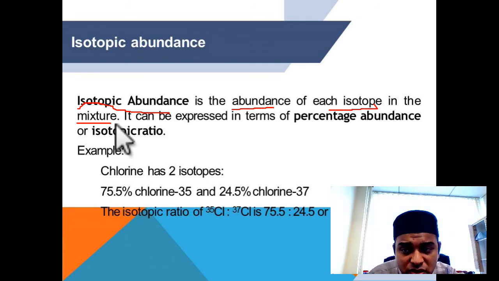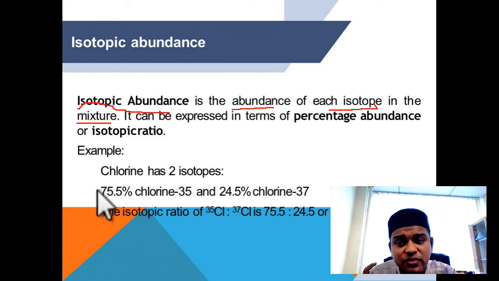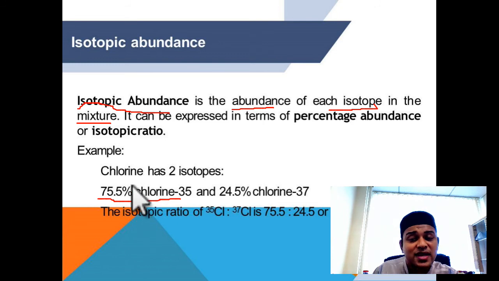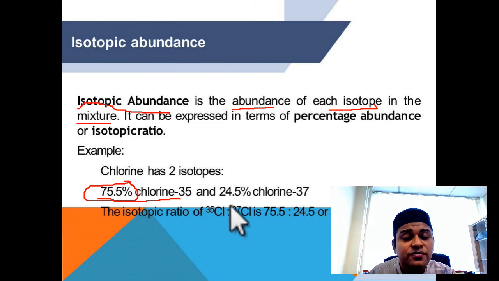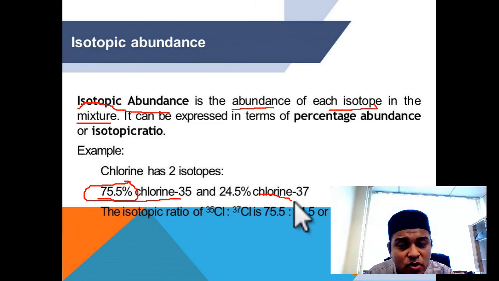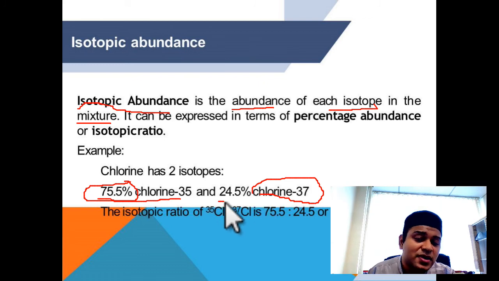As you can see over here, scientists found that chlorine 35 is present naturally at 75.5%, and the isotope chlorine 37 can only be found as much as 24.5%.